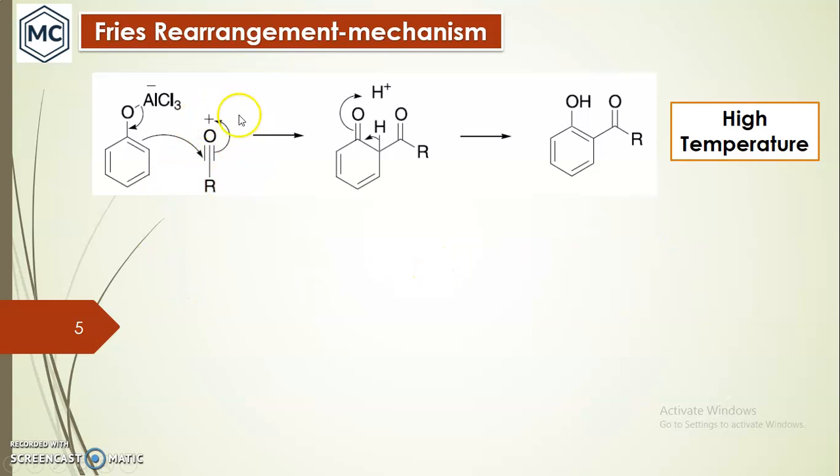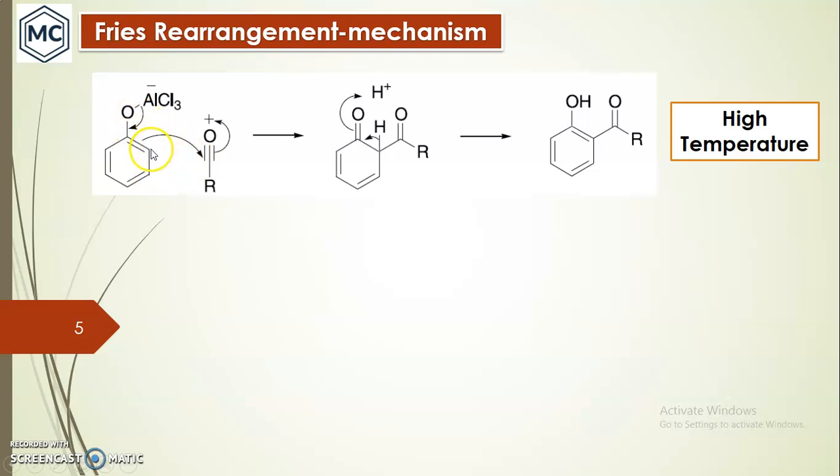So acylium is an electrophile, a good electrophile, and this phenolic aluminum complex, this carbon can act as a nucleophile, and this para carbon also can act as a nucleophile, because this phenoxy compound is an ortho-para directing compound.